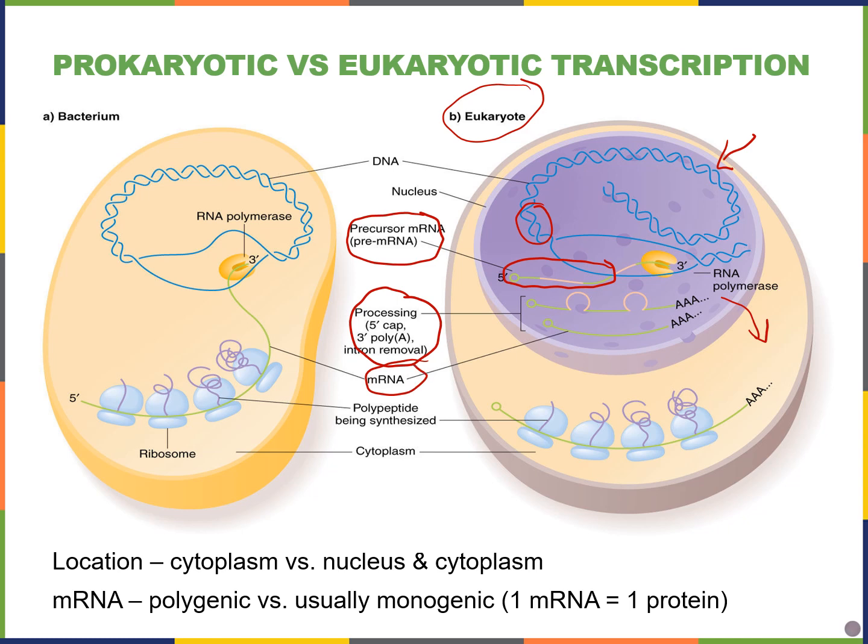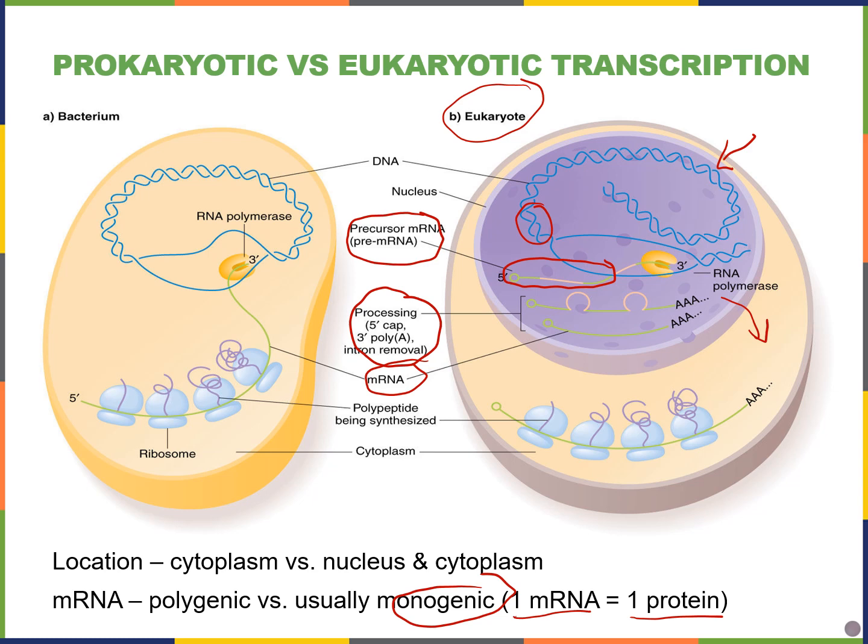We're going to see that eukaryotes also use 3 different types of RNA polymerases that transcribe different types of genes. And finally, in eukaryotes, the messenger RNA is usually monogenic, which means that a single messenger RNA molecule usually encodes just a single protein.